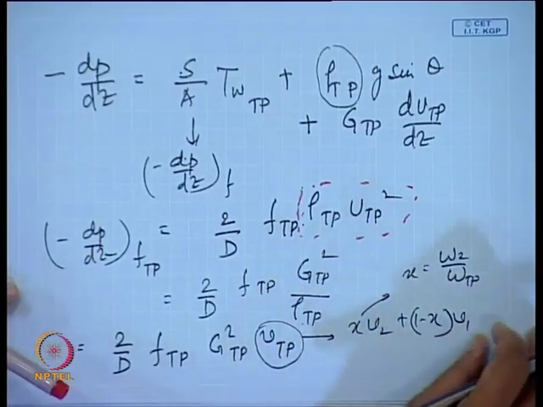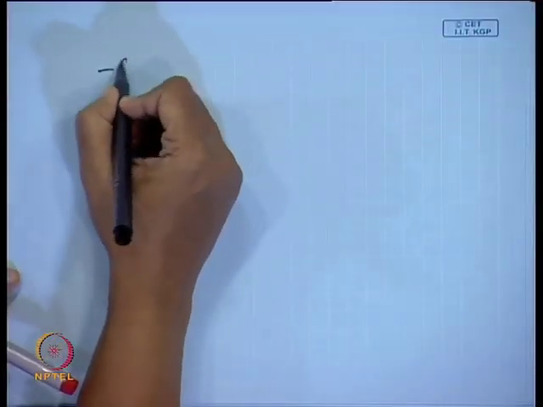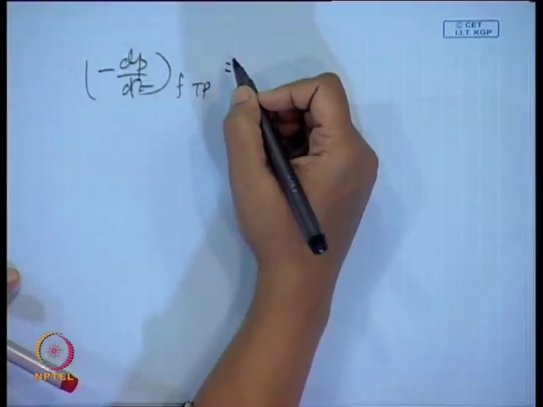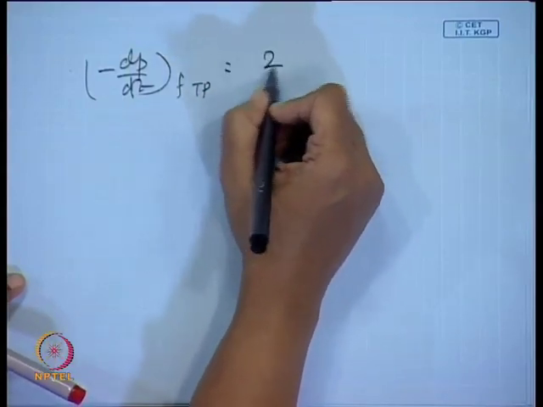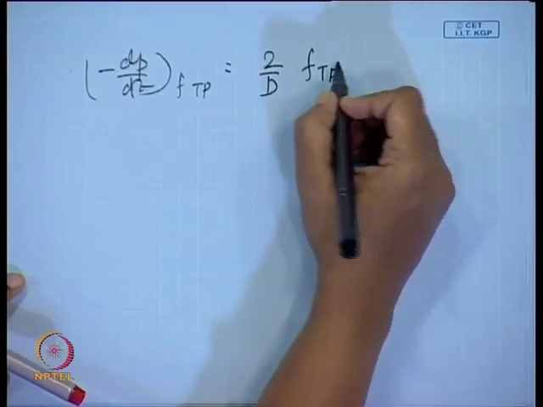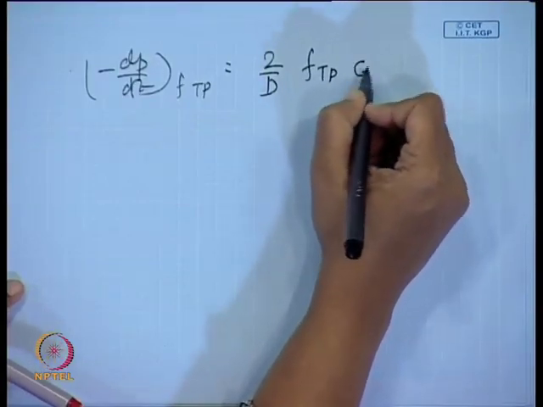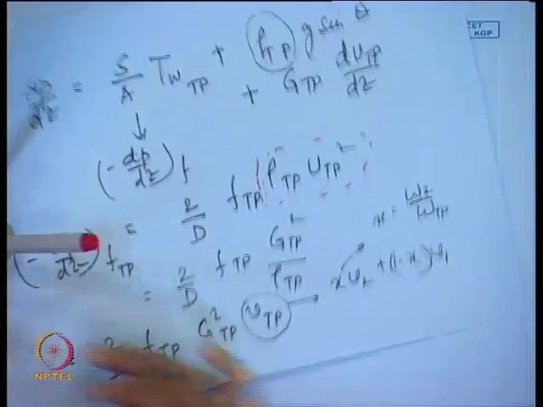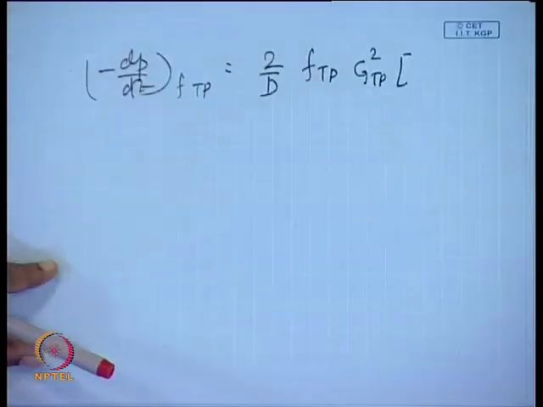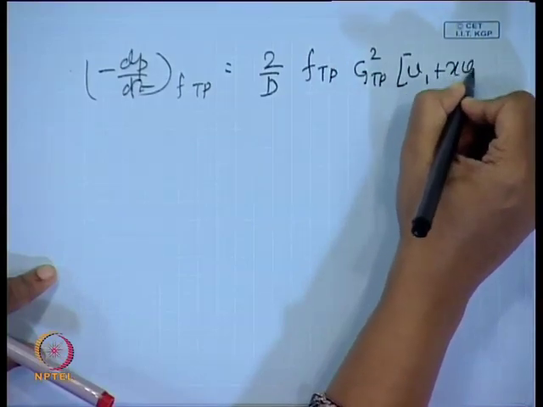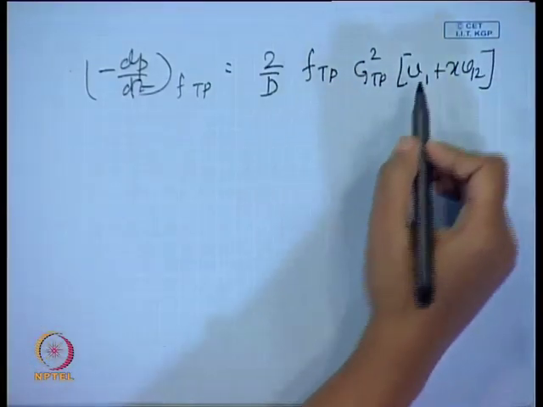fine. So, if you substitute this, then what do we get? We get the frictional pressure gradient for the two phase flow situation. This is obtained as 2 by d f TP G square, and this particular term can be written down as v1 plus x v12. Why have I written it in this particular form?